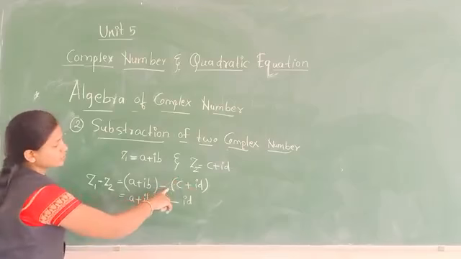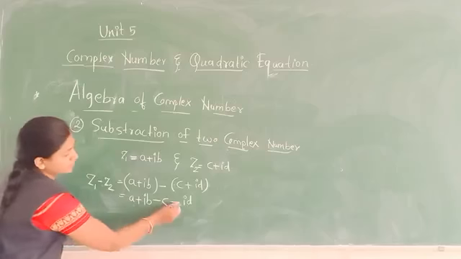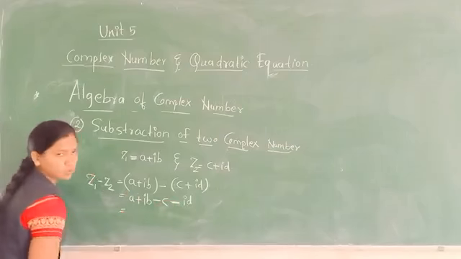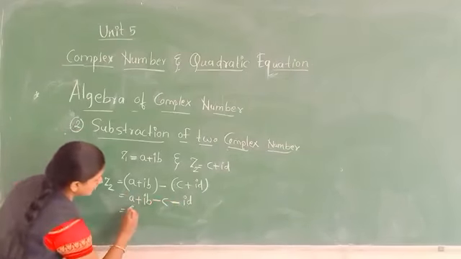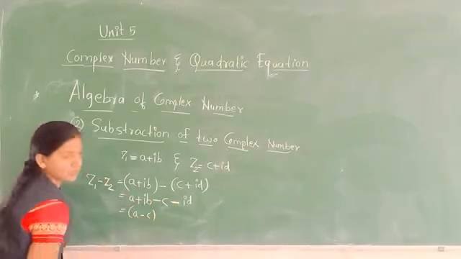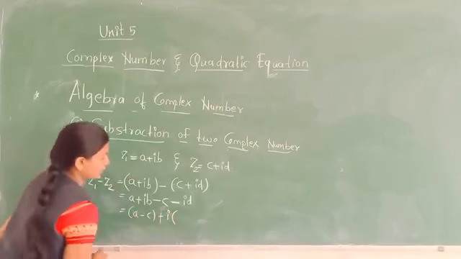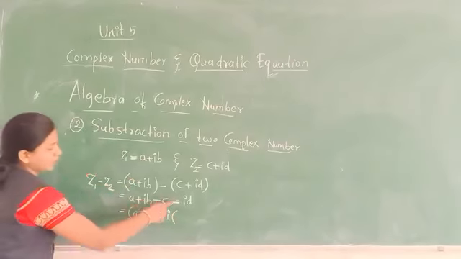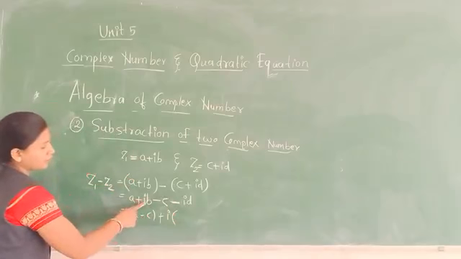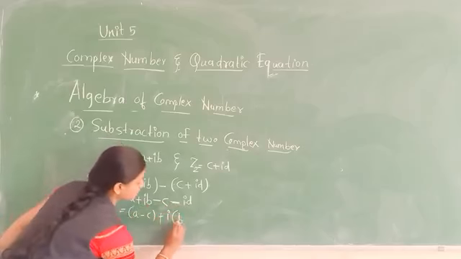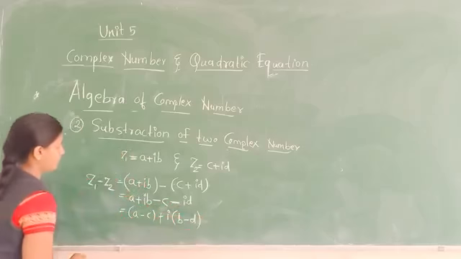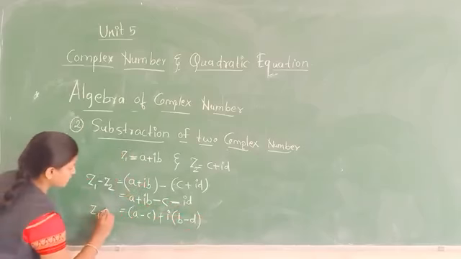The plus changes to minus. So this is equal to a minus c plus i, and here I take i common: b minus d. This is Z1 minus Z2.